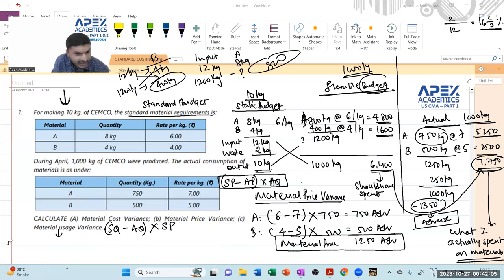In the case of A, my standard quantity should have been 800 kgs. But I consumed 750, which is good. I consumed less than required at the standard rate of 6. So this is 800 minus 750, which is 50 multiplied by 6, which is 300. And this is 300 favorable in the case of A.